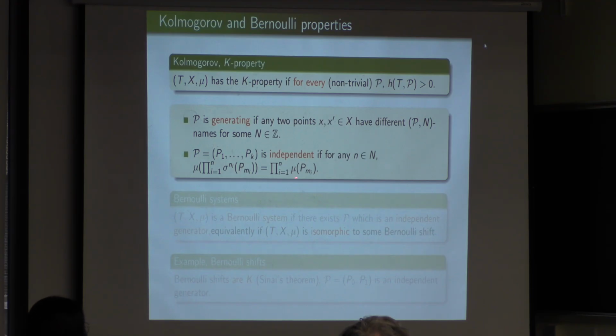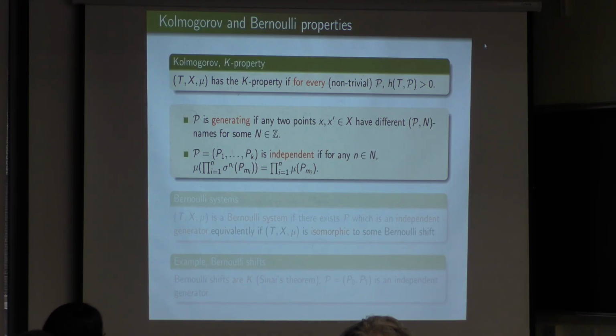So if I take an atom of the partition and I shift it by any number, then the measure is just the product. So for any atom, any two atoms become independent if I start shifting.